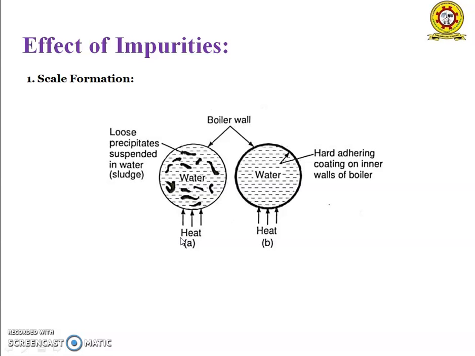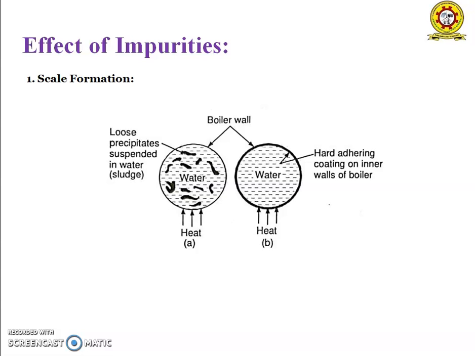And the effect of impurities. The impurities may cause the following troubles: scale formation, corrosion, foaming and priming, embrittlement and blowdown. The first one is scale formation. Impurities present in the water may cause scale formation in the boiler drums or header tubes and feed water piping systems.